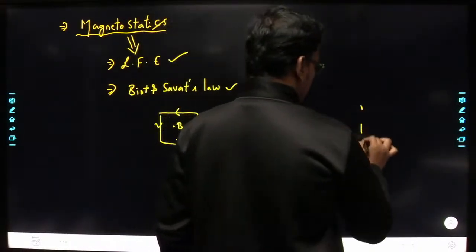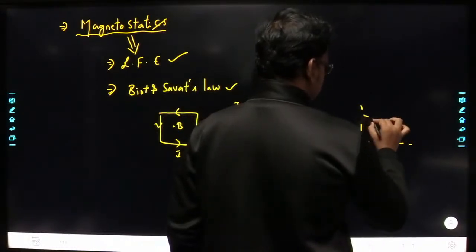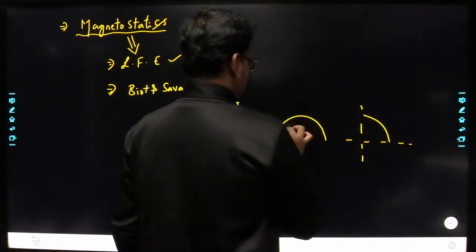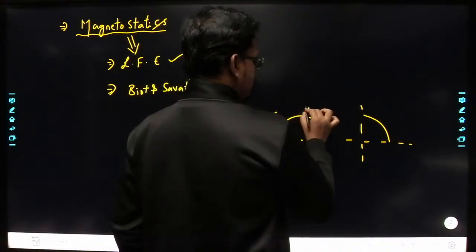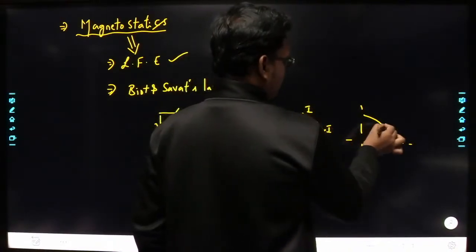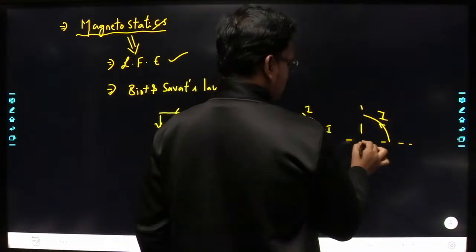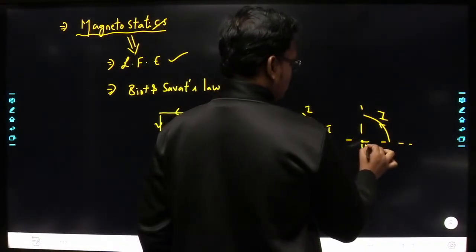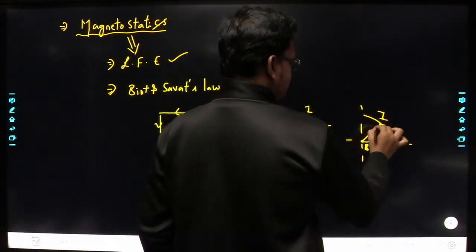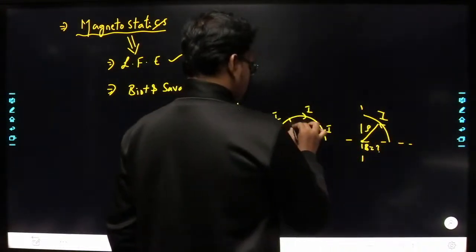If you have only a quarter part of the circle, let us say the current is flowing like this, we have seen how to determine the B field at this center. Let us say we have considered the radius as rho.